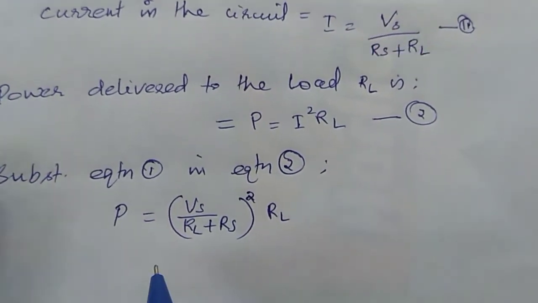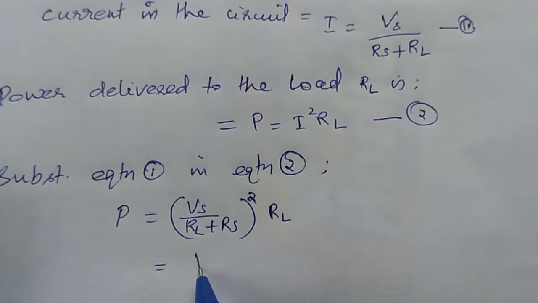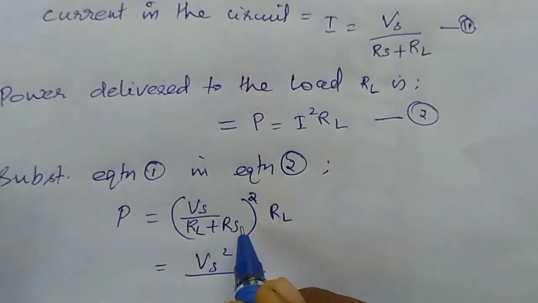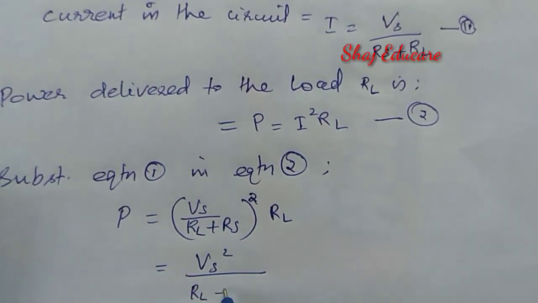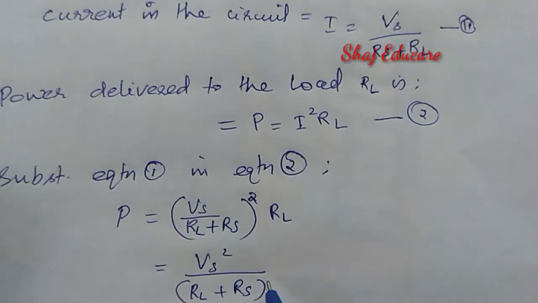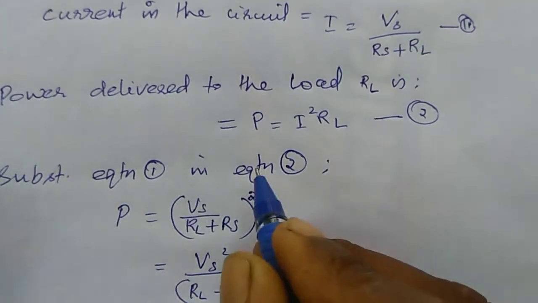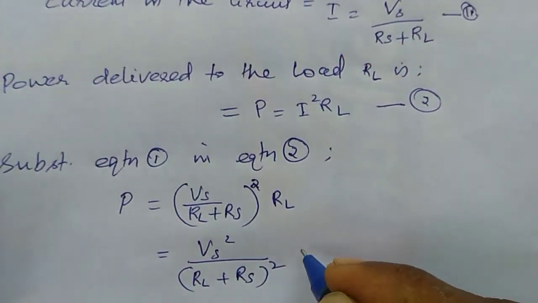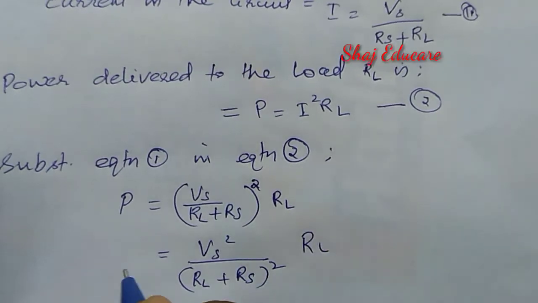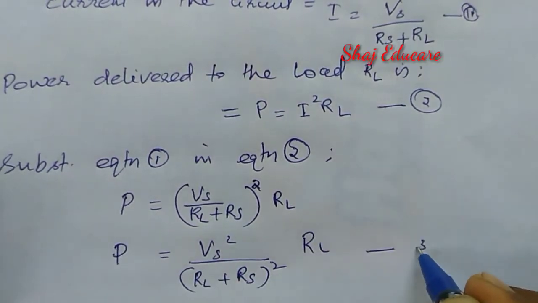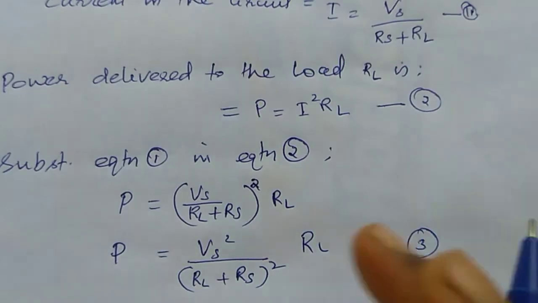That is equal to Vs square RL divided by RL plus Rs whole square. Let us rearrange this equation in this manner. Then we are getting P is equal to Vs square RL over RL plus Rs whole square.